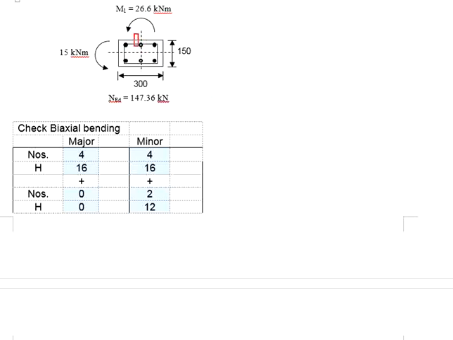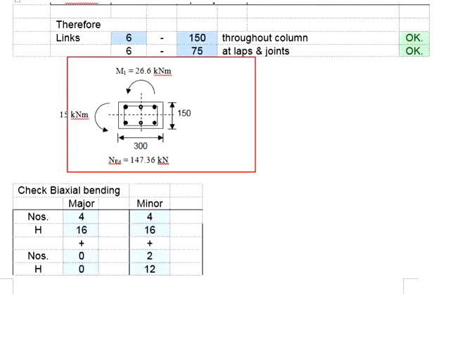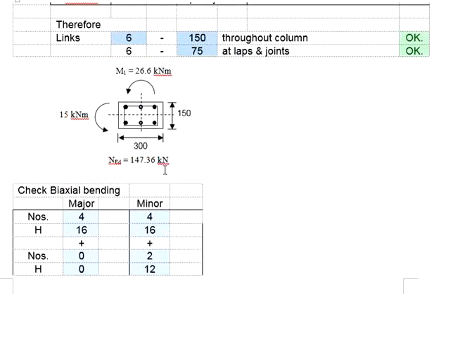Since that 2H12 falls on the neutral axis of the major axis, effectively in the major axis you only have 4H16. This shall be the layout of the reinforcement bars for this example.